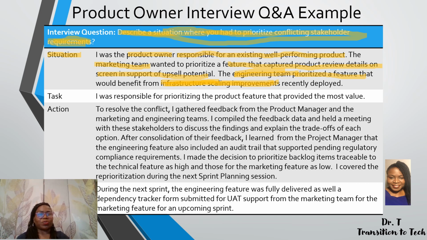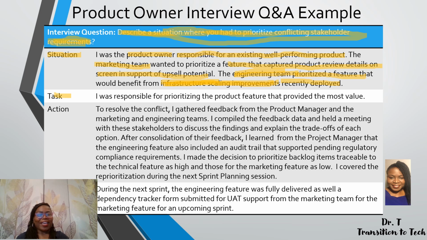And as new features were added, the product would be able to take up this new infrastructure capability that had been recently deployed. So you set this situation where you have a product that's doing pretty well and you have the ability to improve sales of the product, but you also have the ability to take advantage of economies of scale from an infrastructure perspective. So that's the situation.